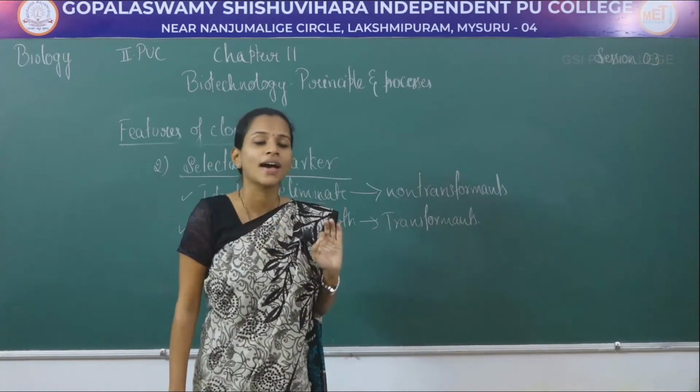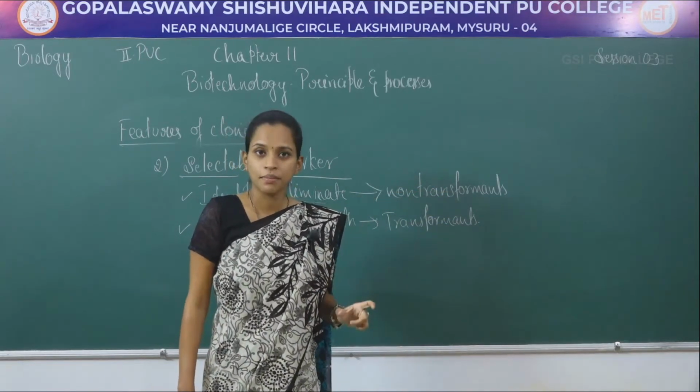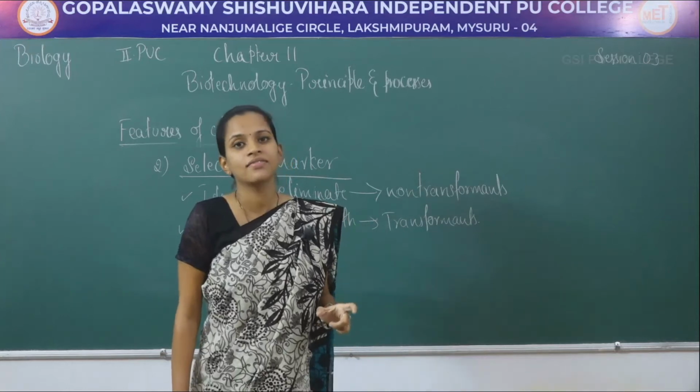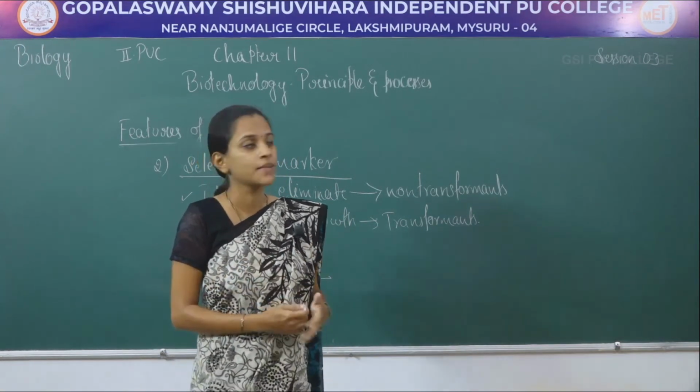Those which do not have this alien DNA are termed non-transformants. So, selectable markers help in identifying the transformants and eliminate the non-transformants.